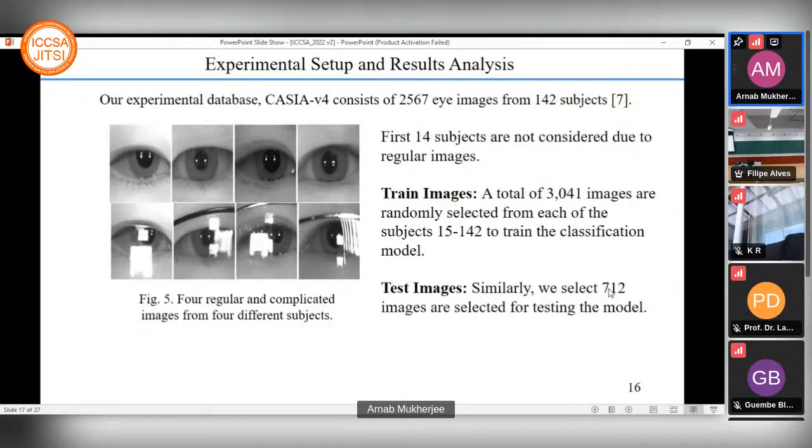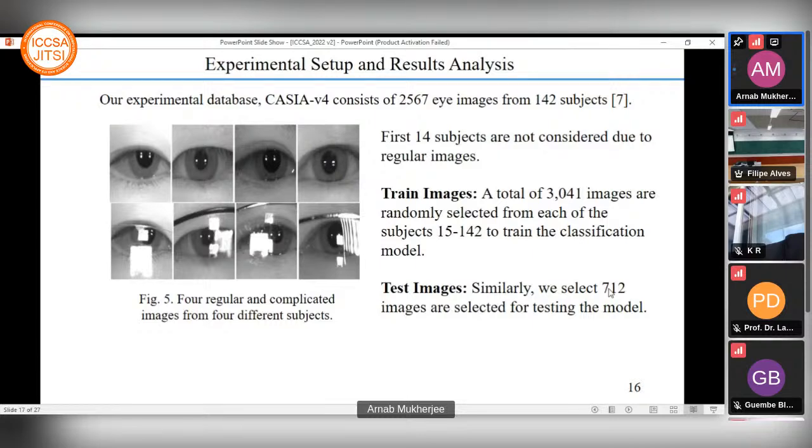In our experiment, the experiments are carried out on the CASIA-IrisV4 database, which is the largest publicly accessible database of human iris. The database consists of 2,567 eye images from 142 subjects, including regular and irregular images for most of the subjects. Here the first row of images shows regular images, and the second row shows irregular images from the CASIA database.